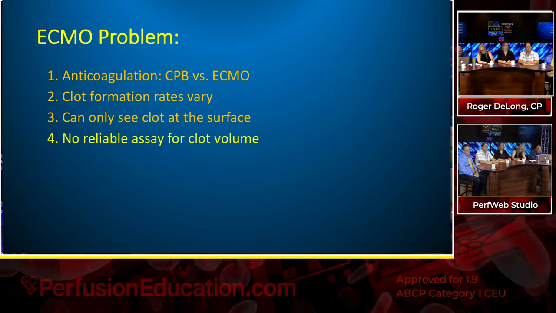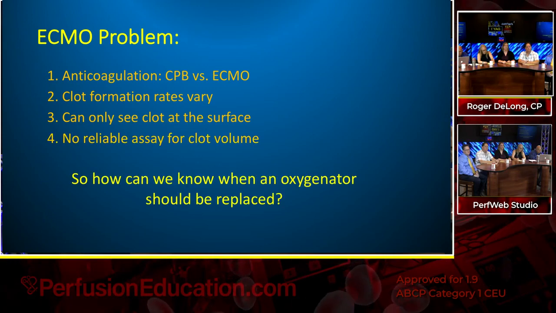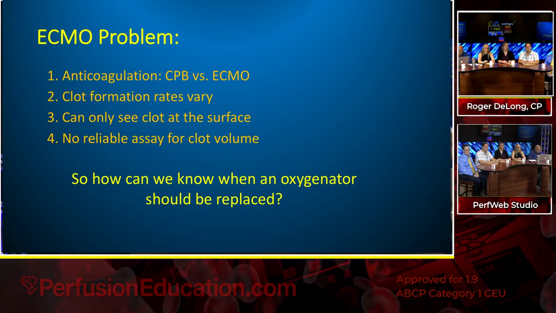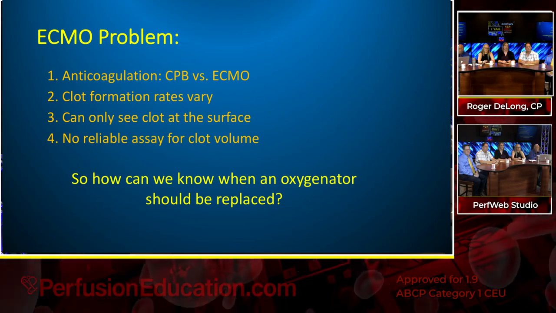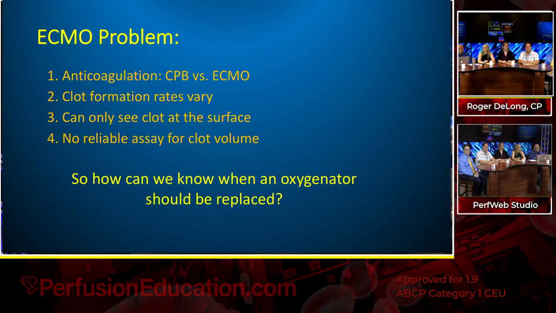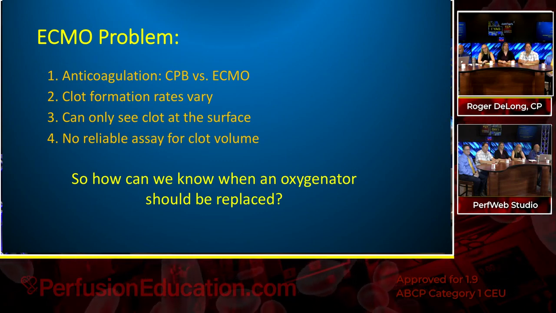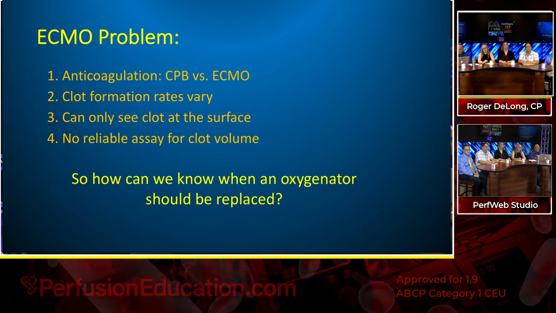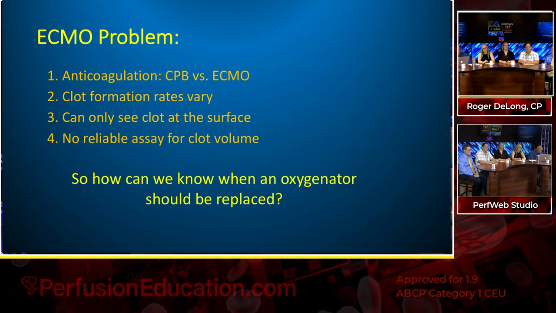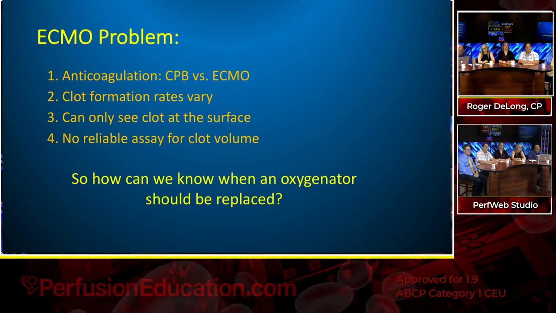So with all that in mind, next slide. The question is, how do we know when an oxygenator should be changed out? And that's a big problem. Like I said, I've seen a lot of places that don't use nearly all the tools that are available, but they all seem to do a pretty good job, or not. We'll talk about that in a second. Next.